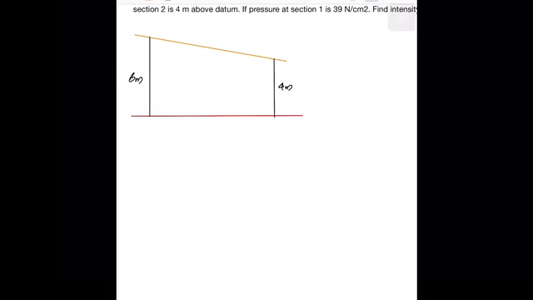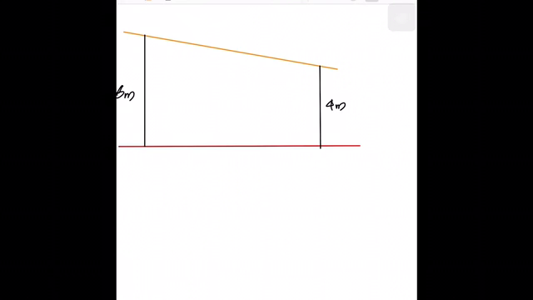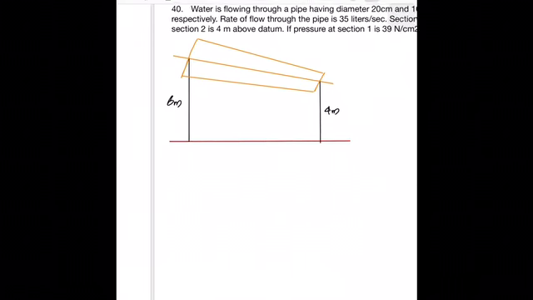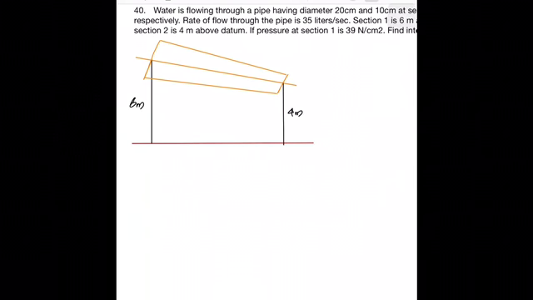Now at section 1 the diameter is 20 centimeters, and at section 2 the diameter is 10 centimeters. So this will be the arrangement. Section 1, section 2.